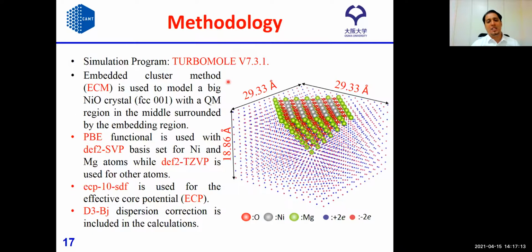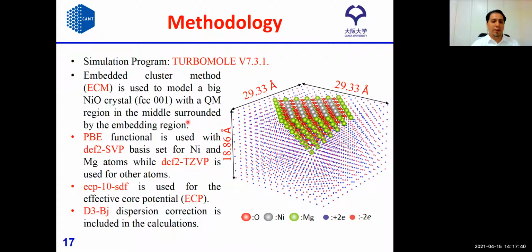For these calculations, I'm using TURBOMOLE, and this is the model used, as you can see here. In the middle of this big cluster, I'm treating the atoms quantum mechanically. However, I have replaced the nickel atoms with +2 and the oxygen atoms with -2 charges to mimic the valence electrons. For simplicity, I have replaced these atoms.